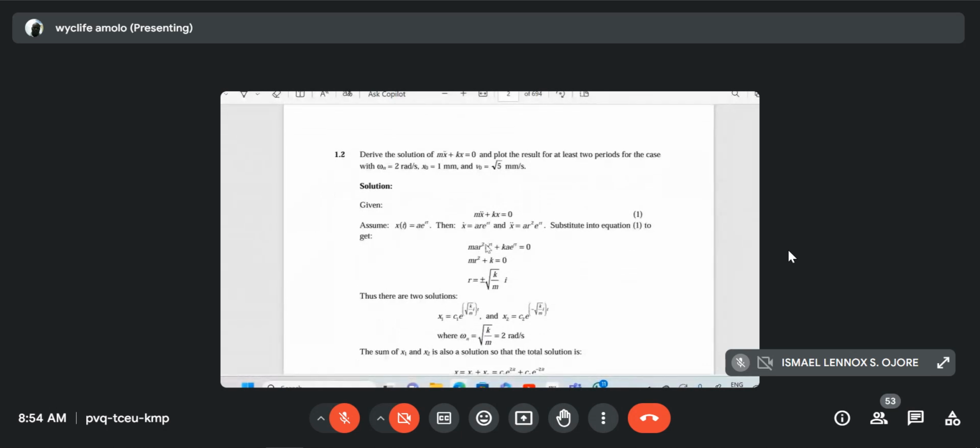So if you're supposed to get a solution for that, assume that this expression now is equal to 0.